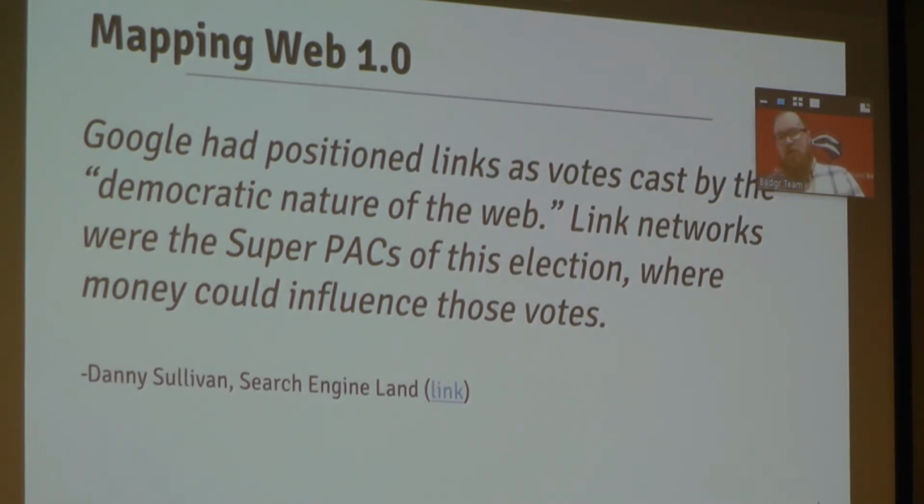They were the representative of who could buy the power, and the people who could buy the power got the results. They got onto that first page. If you were a competing company and you didn't have the money to outspend your competition, then you probably would be on the second page instead.